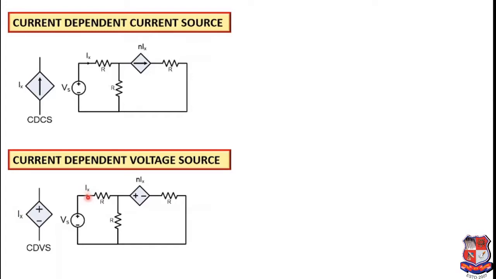Over here in the circuit, Ix is the current flowing in this resistance, and a change in this current will cause a change in the source present here, which will be voltage. So a change in current will change the voltage connected in series with this resistance. That can be said as a current dependent voltage source.